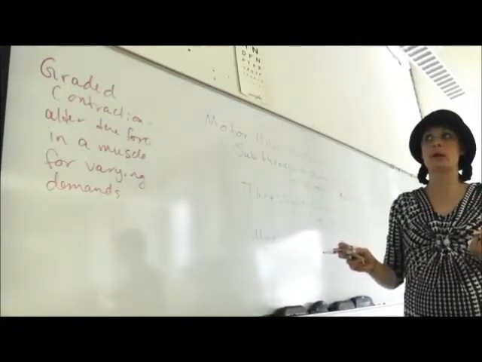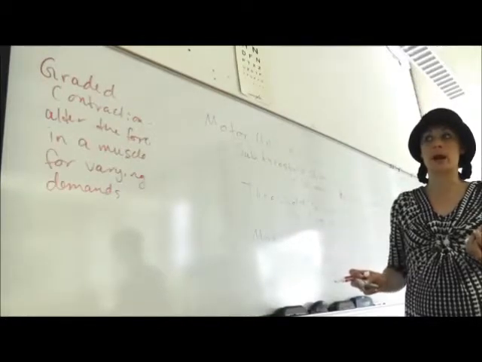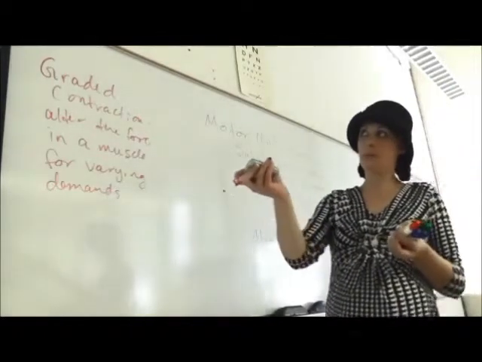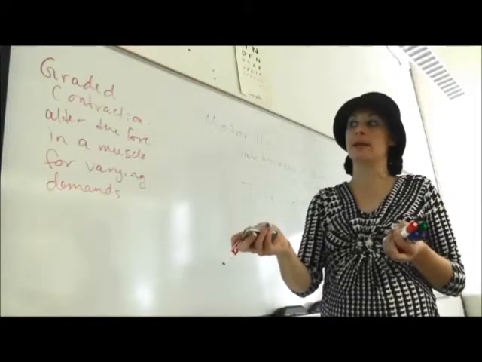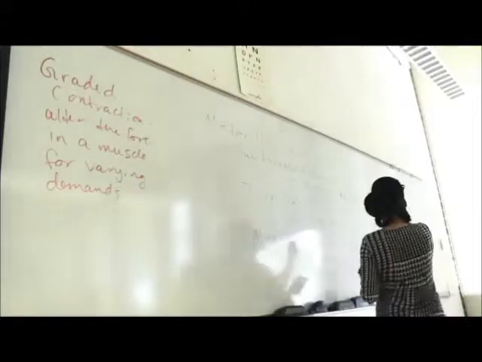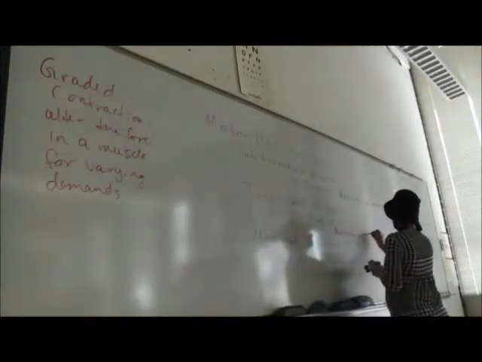We hit it with 2 millivolts, still not enough to stimulate a motor unit, so we are not producing any tension. When we hit it with 3 millivolts, now we stimulate our first motor unit, so it must be the most sensitive and will produce a little bit of tension in that muscle. So our threshold stimulus recruits the most sensitive motor units.